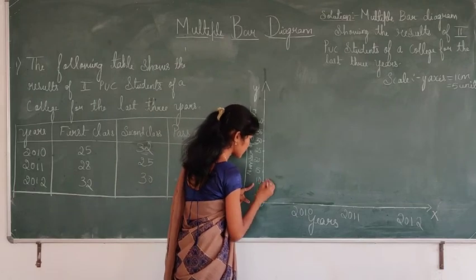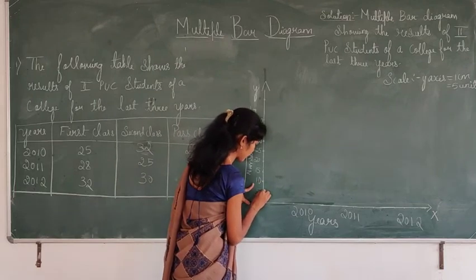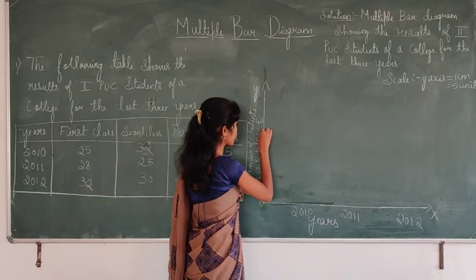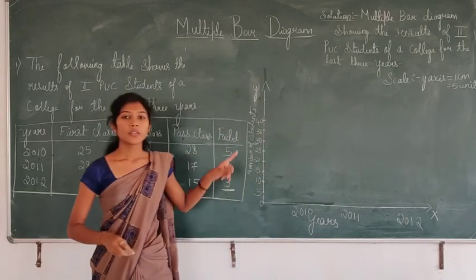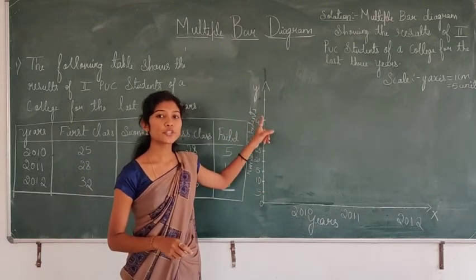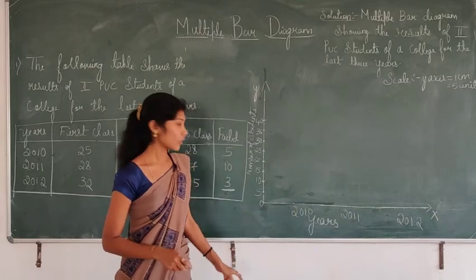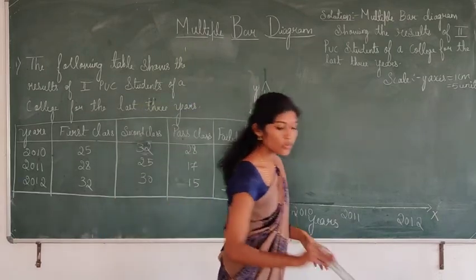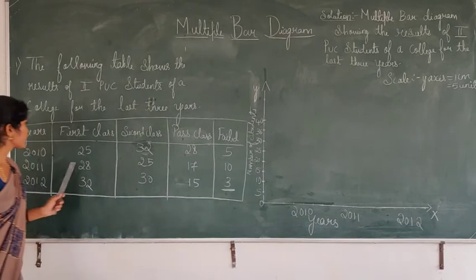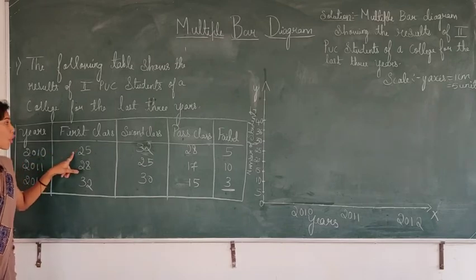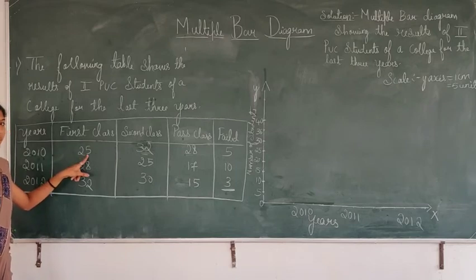Now let us construct the bar diagram. Using the scale, you need to draw in your notebook very clearly. Now, see the question. For the year 2010, the number of students who have scored first class is 25.